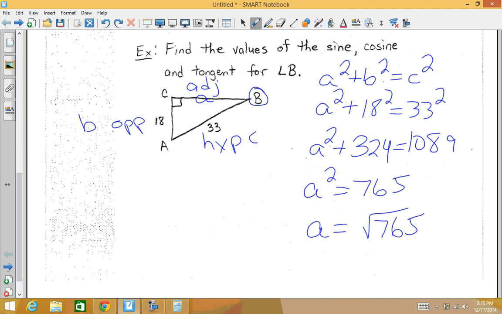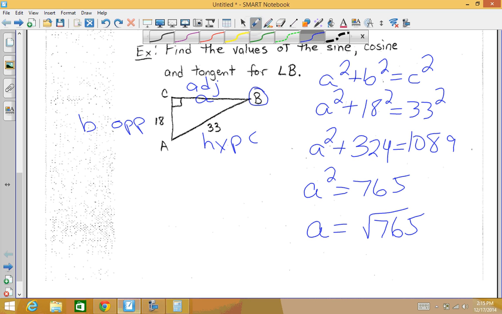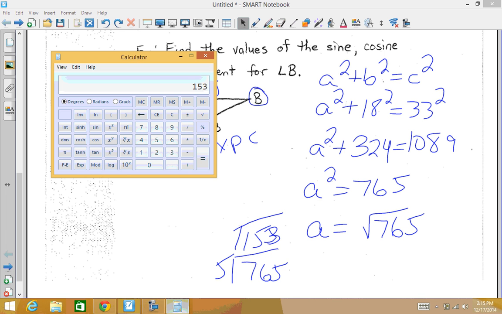Now, we need to see if we can break down 765. If I divide by 5, I get 153. So 765 divided by 5 is 153. And 1 plus 5 plus 3 is 9, so it should be divisible by 3.